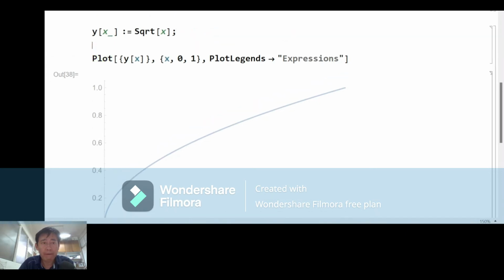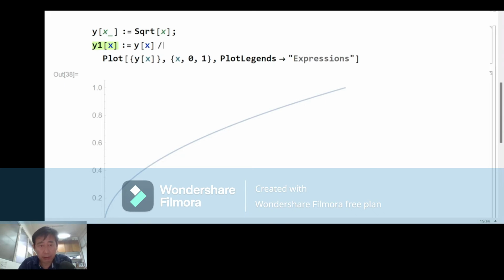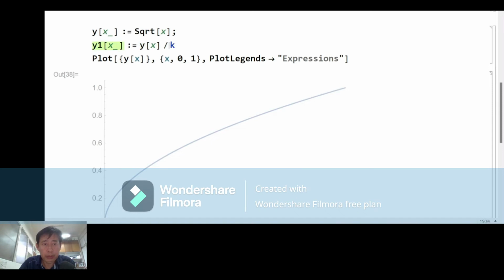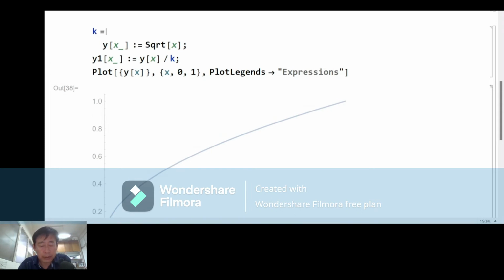So if I have a function y1, which I have shown to be equal to y of x divided by a factor of compression 3. Here I define the value of k to be 3, just to make k equal to the example I just mentioned.